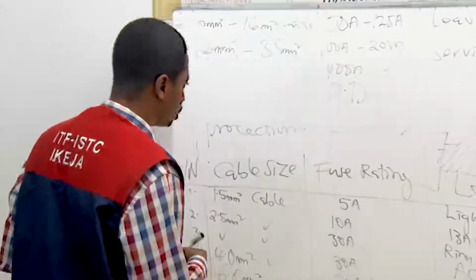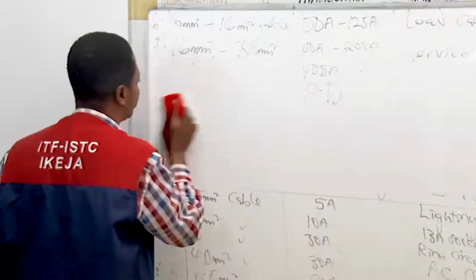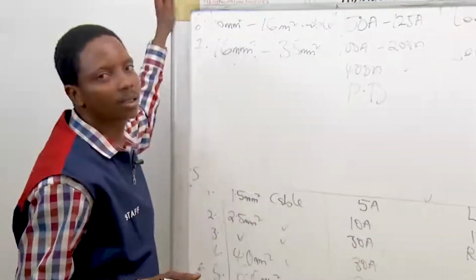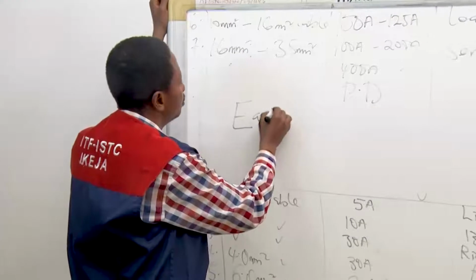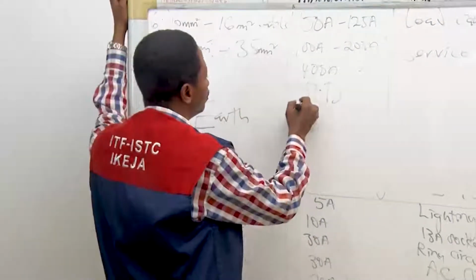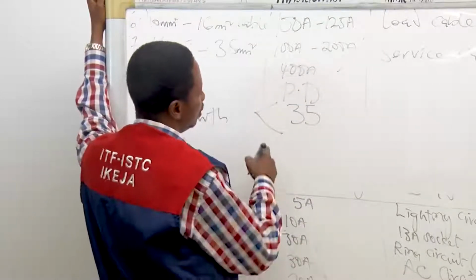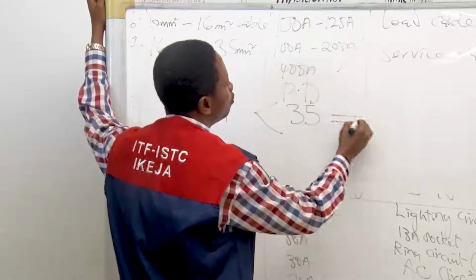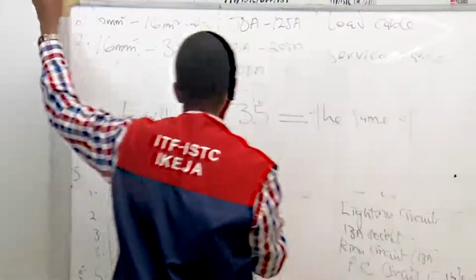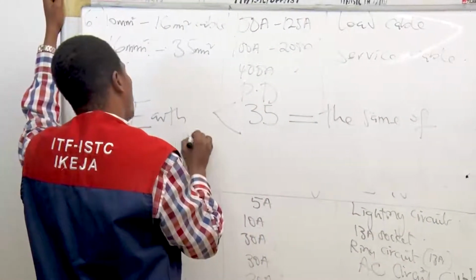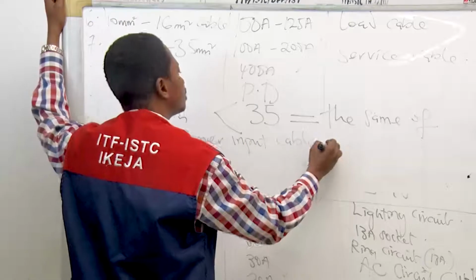Now, I want us to understand something. In the cables, I did not mention the earth cable. Now, earth cable: any cable less than 35 mm makes use of the same size as the power input cable size.